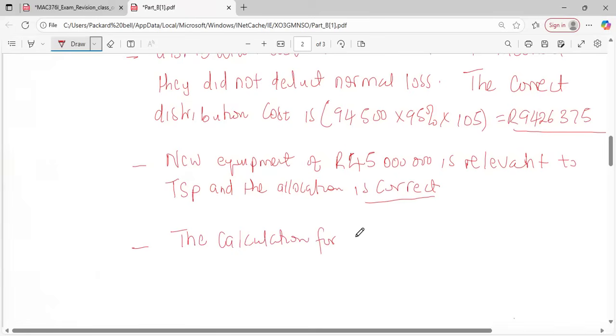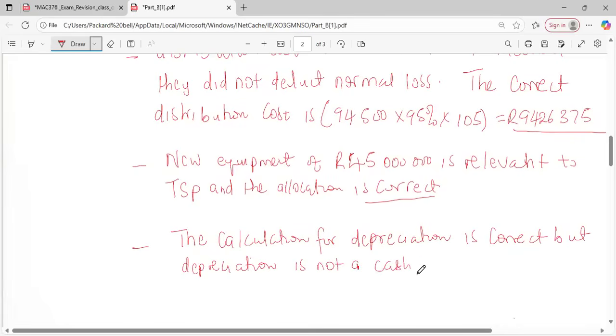Okay. So we're going to say the calculation for depreciation is correct. The calculation itself is correct, but depreciation is not a cash flow.